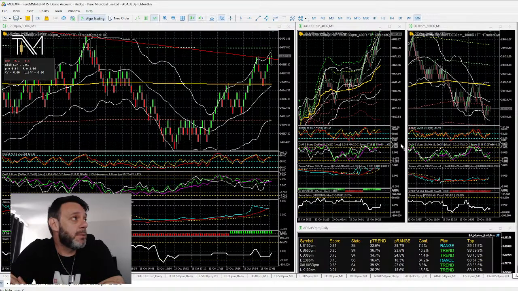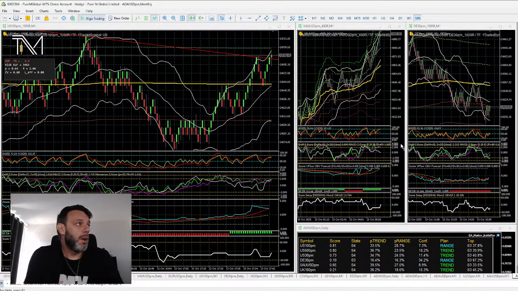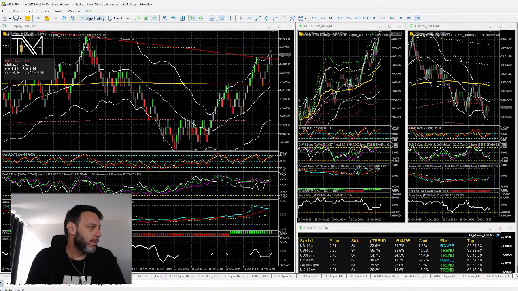In that case, it will be tough. And anyway, this session is very important because we have to see where will be the closure of the day. If we'll be above the 61% Fibonacci level based on Friday session. Let me check where I have.